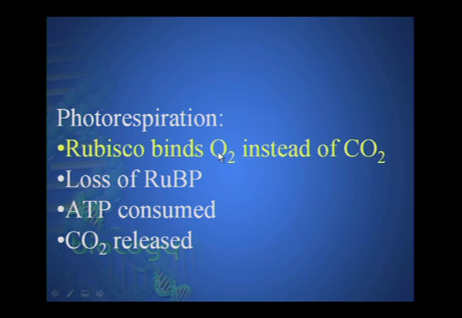In photorespiration, what it leads to is the overall degradation or loss of ribulose bisphosphate. ATP is consumed in photorespiration, and CO2 is released in photorespiration. So these are all counterproductive to photosynthesis. And so again, what these C4 plants and CAM plants are trying to do is to maintain higher levels of CO2 in the cells to prevent photorespiration.